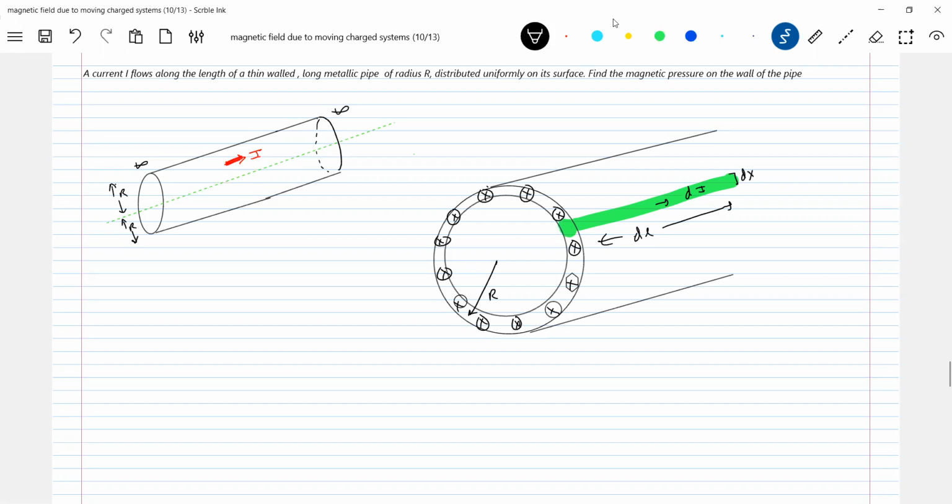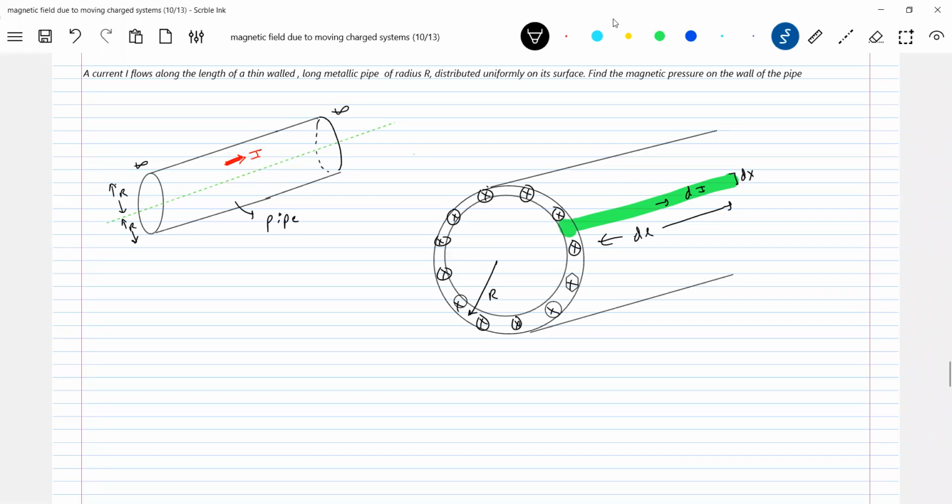If I can calculate force per unit area here, the problem is solved. So you assume two symmetric elements here. This is like a long current carrying sheet only, no? But sir, you are saying pipe, and again you are using the words long current carrying sheet.